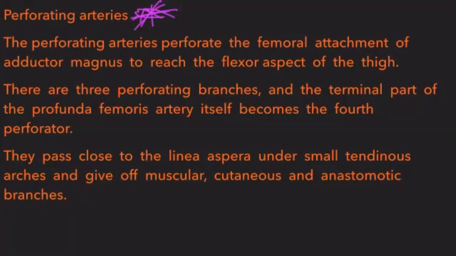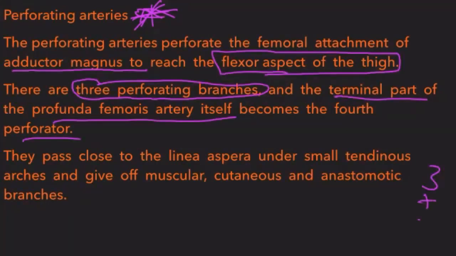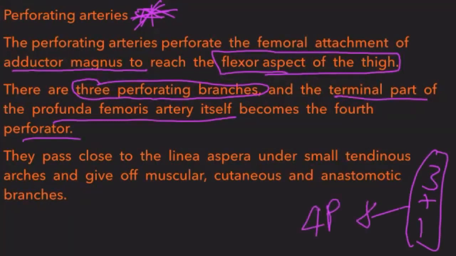That means the posterior aspect of the thigh. They reach the posterior aspect of the thigh by piercing the adductor magnus. There are three perforating branches, and the terminal part of the profunda itself is a fourth perforator. So we have four perforators, okay?